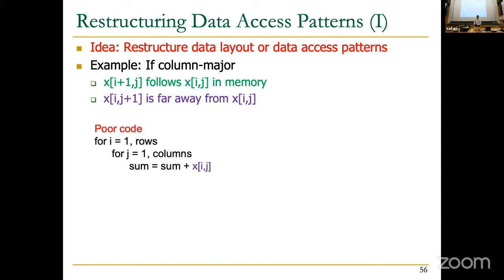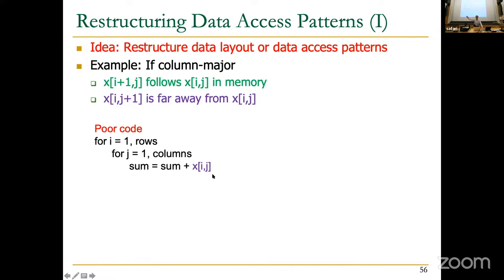So basically, given this, I would argue that this is very poor code. If you actually know that your processor has a cache, which all processors do today, you should not write this code, assuming your matrix is stored in column major order. Why? Basically, the inner loop over here is iterating over the columns. What it's doing is touching x[i][j], and then x[i][j+1], and then x[i][j+2], x[i][j+3], and so on.